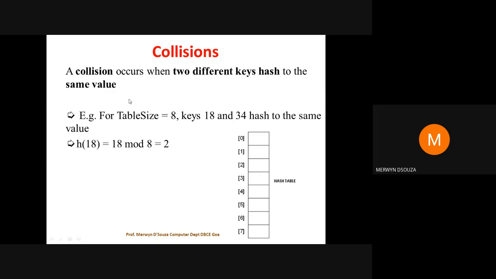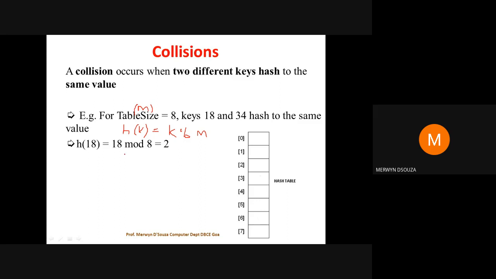My hash function is h(k) = k mod m, where m is the table size.